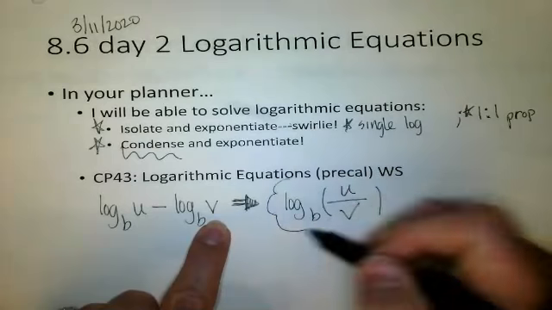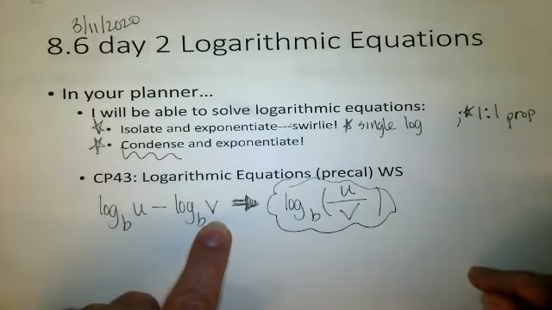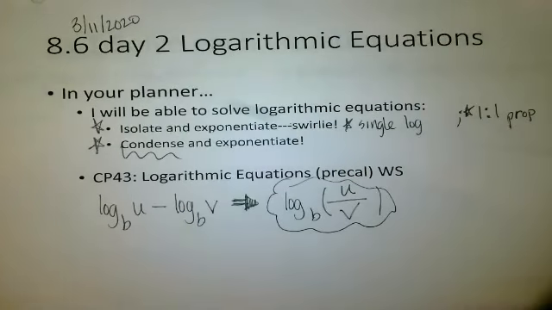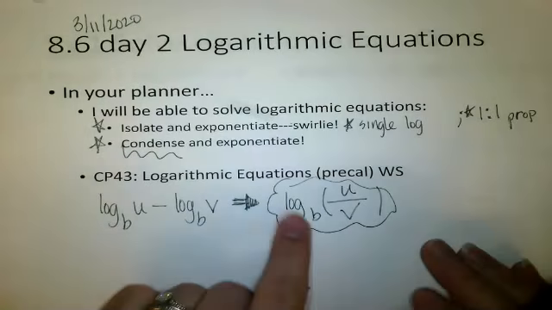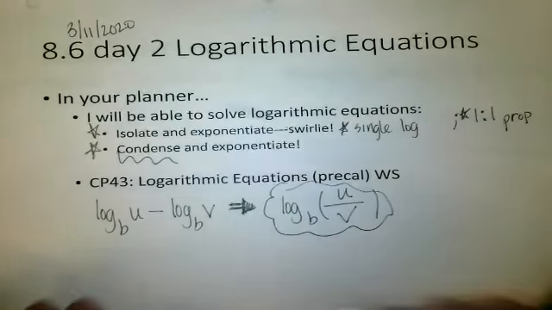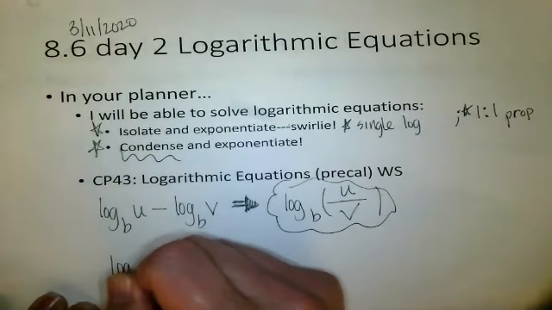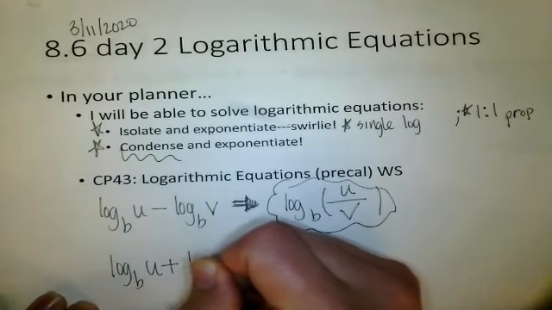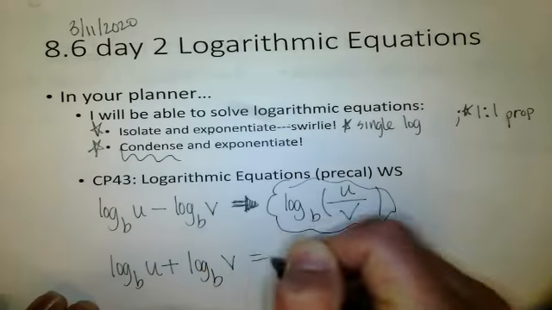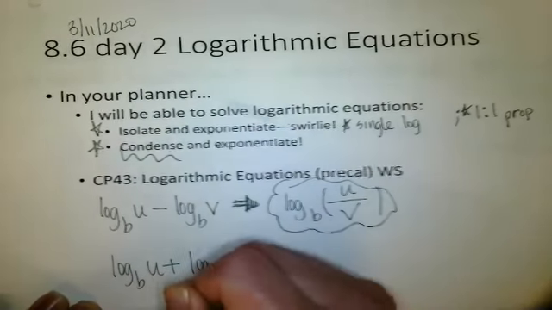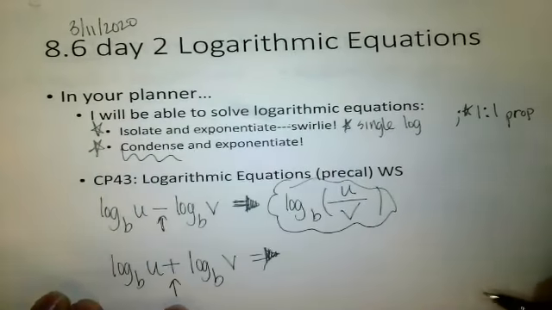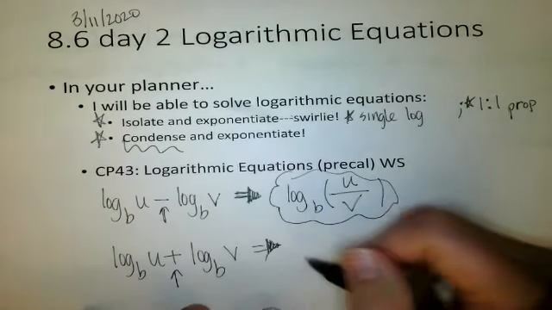So today we are condensing first. All of these equations you have to condense into one logarithm. What if we had log base b of u plus log base b of v? What property allowed us to add the logs? The product property, multiplication.